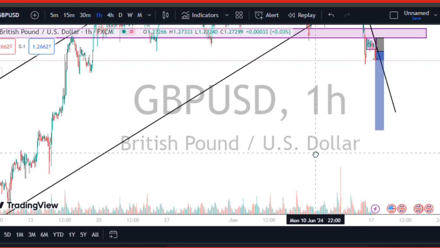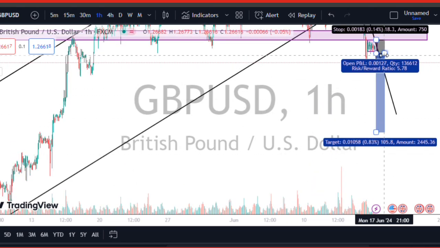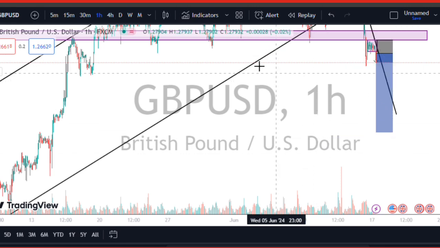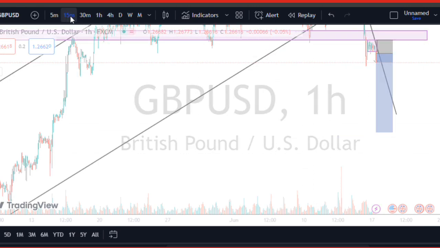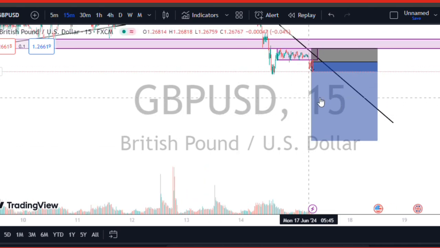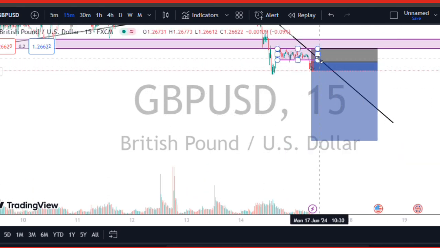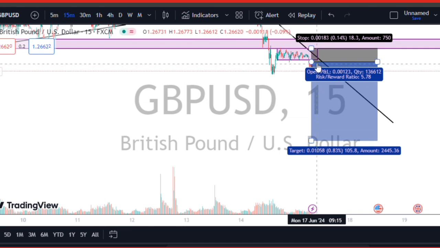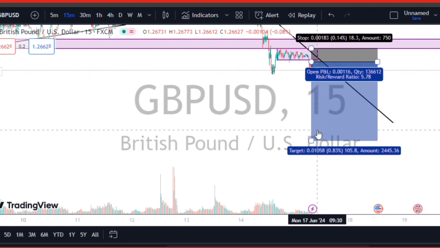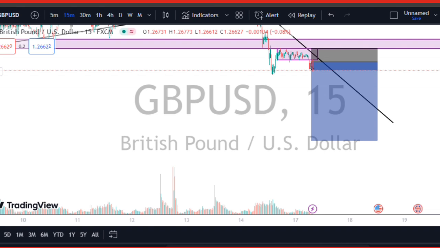Eventually I take my first profit from there. So that's a very good point to take your sell position. I'm going to enter this market right now. I'm just waiting for it to retest, to come back a little bit, and then I will enter for a sell position.